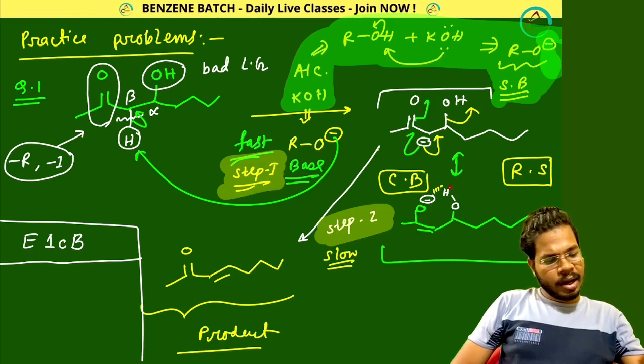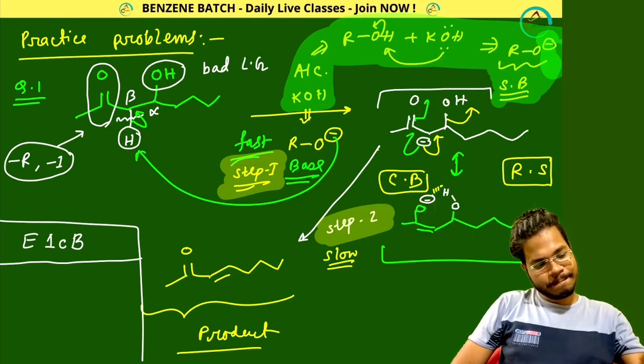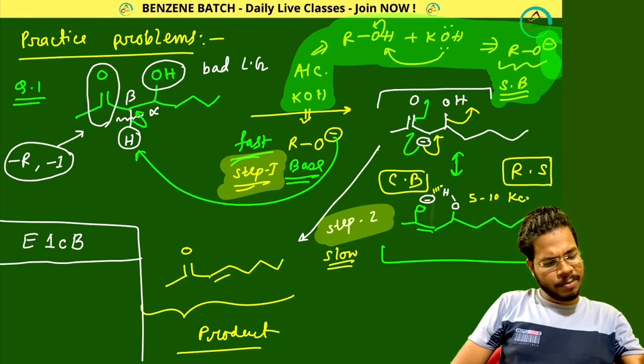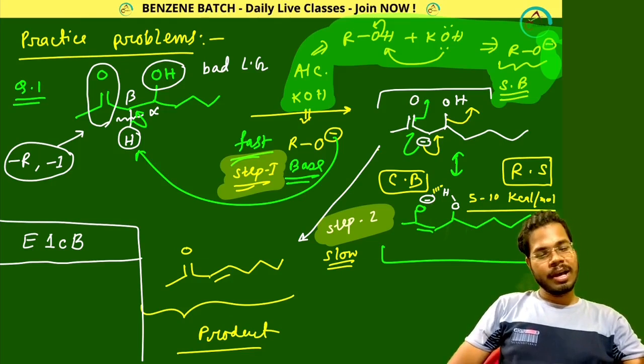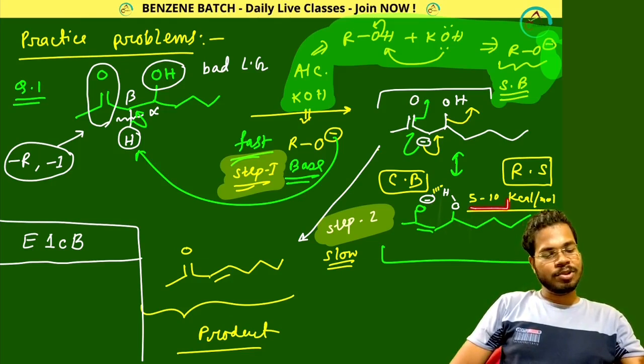Now tell me, how much energy does a hydrogen bond have? 5 to 10 kilocalorie per mole. I told you already when I was teaching hydrogen bonding, hydrogen bonds are not very strong bonds. Whenever this participates in resonance, the negative charge gets stabilized.